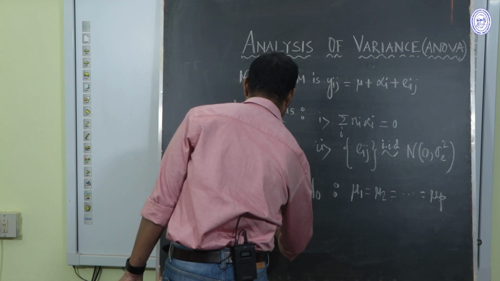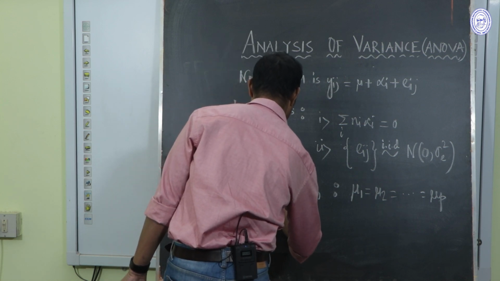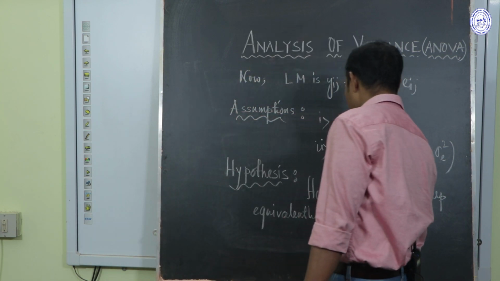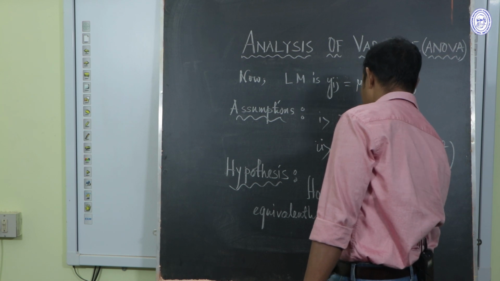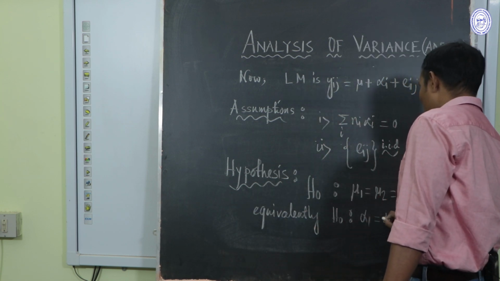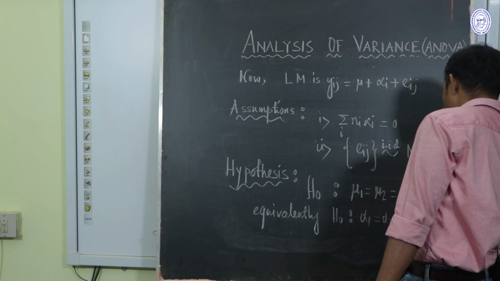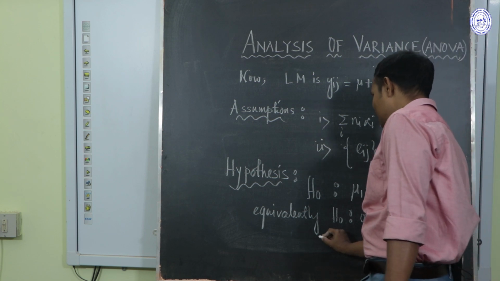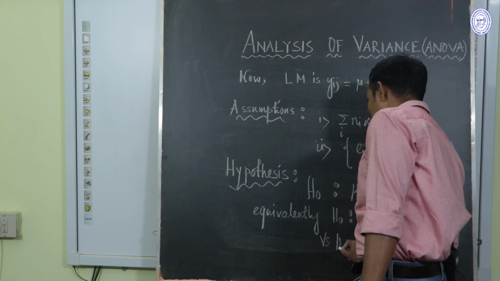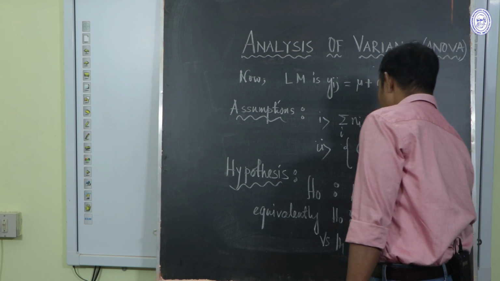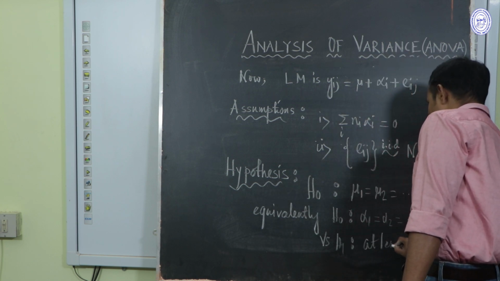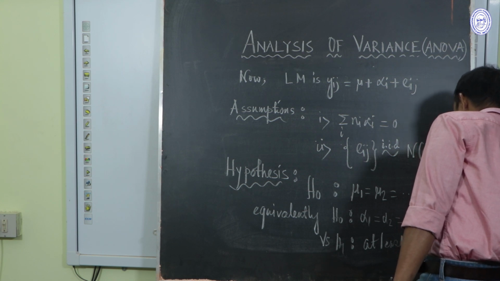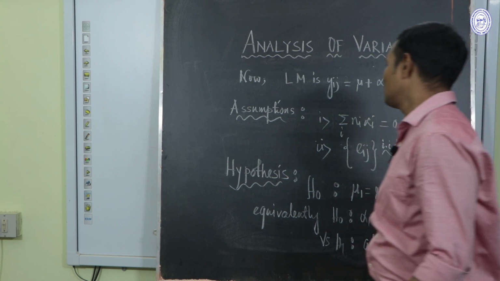Equivalently, we have to test the null hypothesis such that alpha 1 equal to alpha 2 equal to dot dot alpha p equal to 0, against the alternative H1 such that at least one alpha i not equal to 0, i equal to 1 to p.